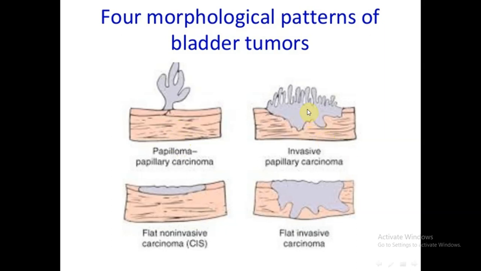Invasive papillary carcinoma: here we have papillary structures, fungating finger-like projections above the surface epithelium, but with invasion. The presence or absence of invasion is very important to be recorded in the histopathology report because it will determine the treatment and the prognosis of the patient.